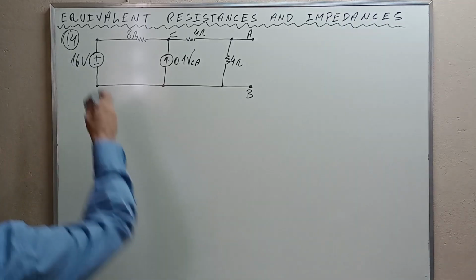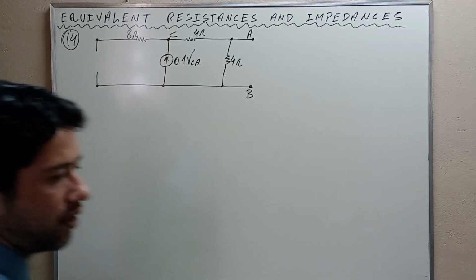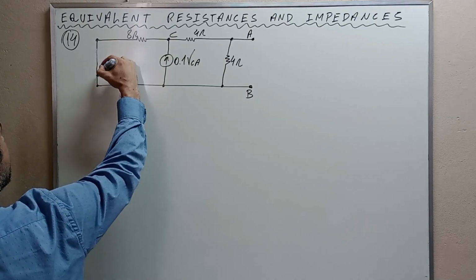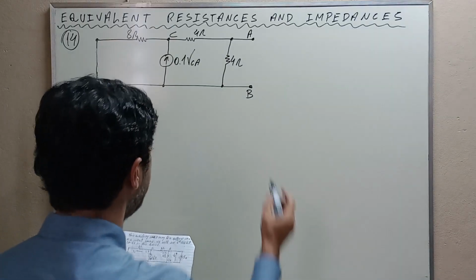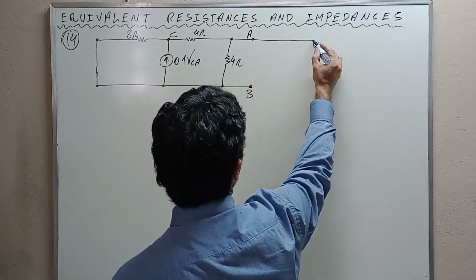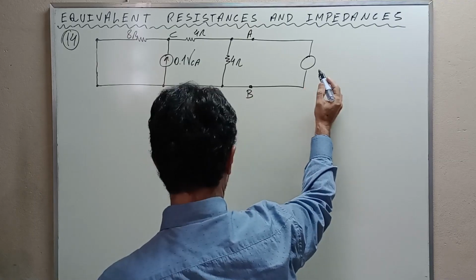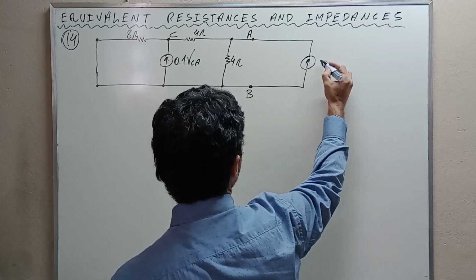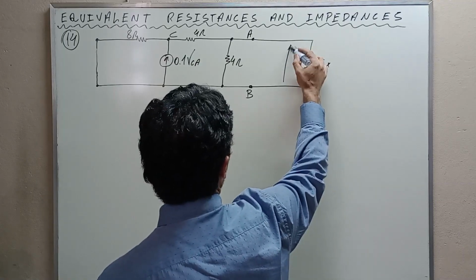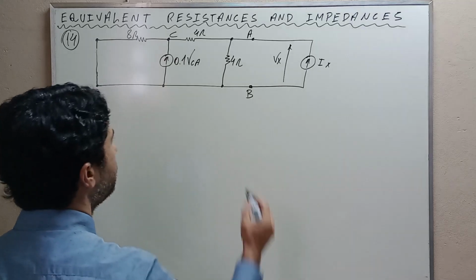This voltage source will be set to 0. That is, we will replace this by a short circuit, and here we will use an auxiliary source. And the voltage here will be Vx. Let me use some labels.